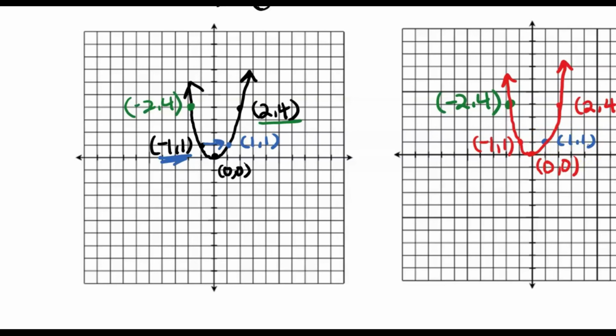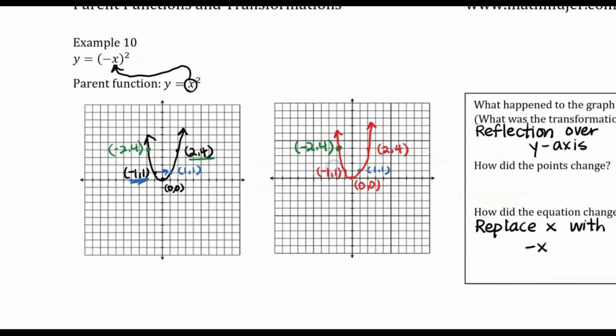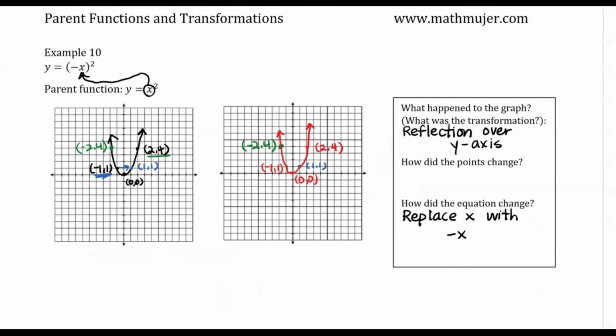And 0, 0 doesn't go anywhere because it is on the y-axis, and so reflecting it over the y-axis isn't going to move it at all. So the only reason that this graph looks the same is because the square function has symmetry over the y-axis, but what's happening to the points is that we are changing the signs of the x values.